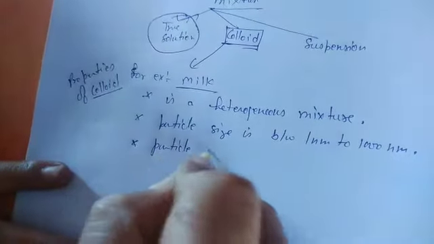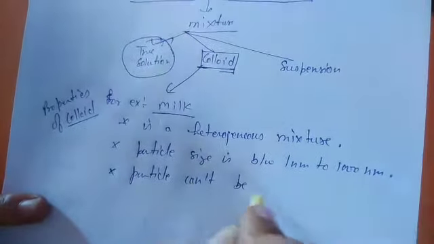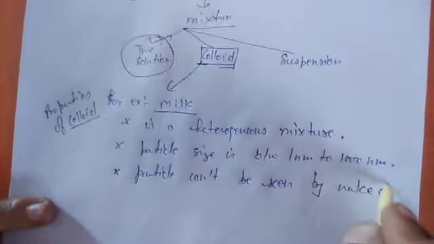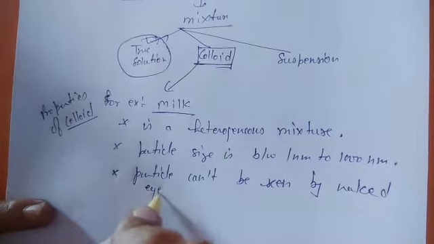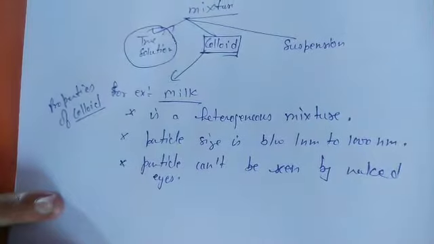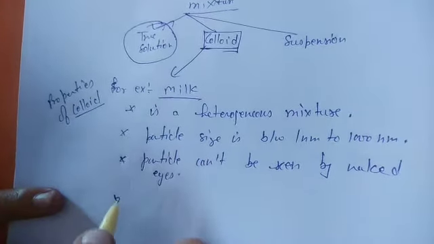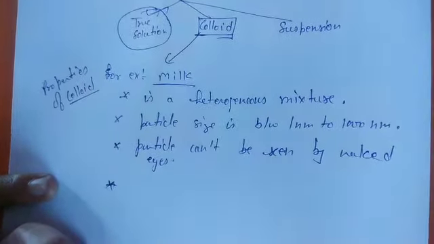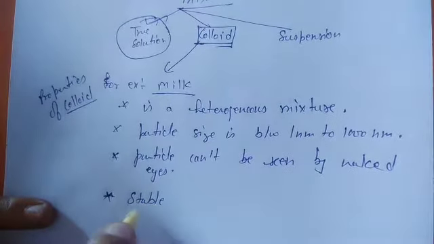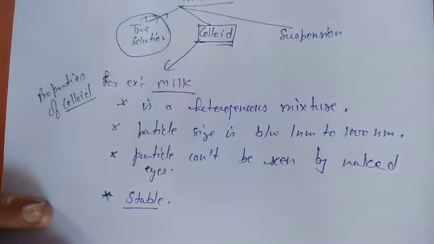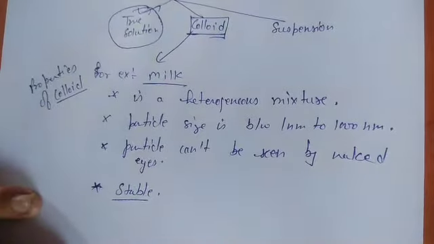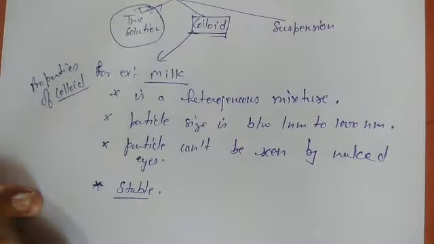The particles cannot be seen by the naked eye, which is the same in the case of a true solution, where particles are also not seen by the naked eye. Colloids are quite stable, just as a solution is stable, colloids are also stable.